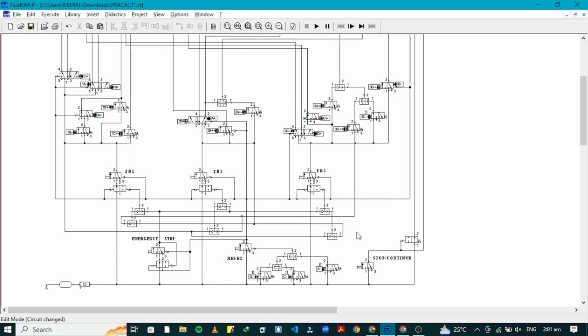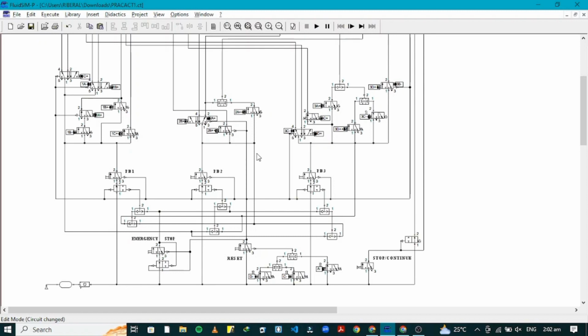So, the purpose of these connections is to cut off the supply to PB2 and PB3 while PB1 is ongoing. And this connection is also applicable to the other PBs.